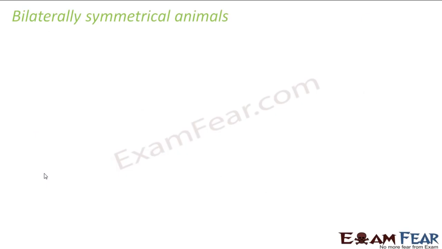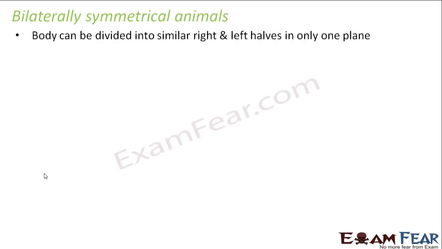But when I talk about bilaterally symmetrical animals, a right and left side exists. The body can be divided into similar right and left halves in only one plane. There exists one plane along which if you divide that animal, you will find one right half and the other left half. That is why they are known as bilateral: bi means two, lateral means right and left halves.